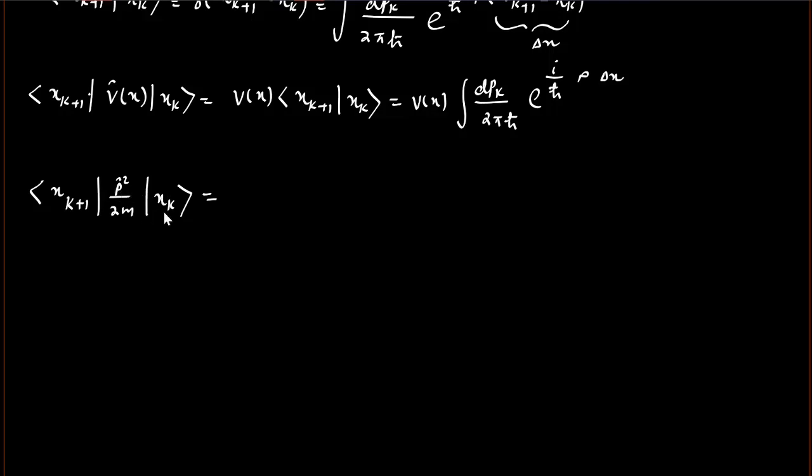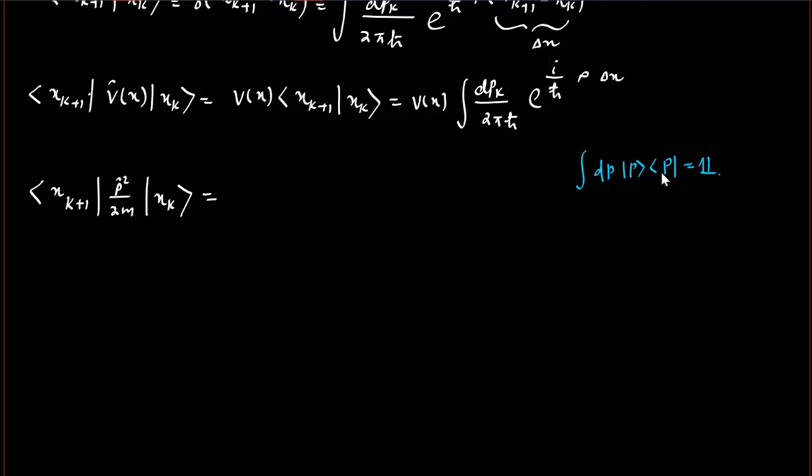How can we operate, because from the uncertainty principle we know all this kind of thing. To do this, we write the following. We also know in momentum space we can write the completeness relation.